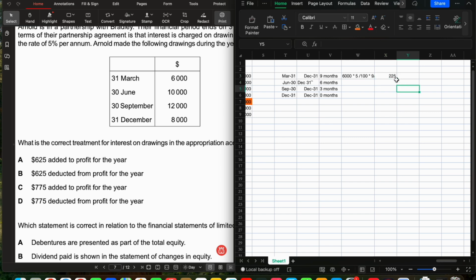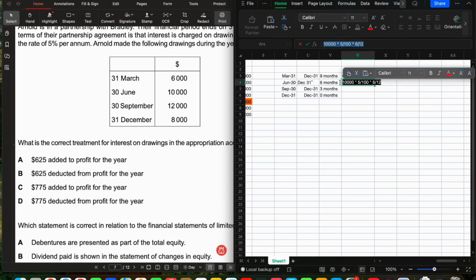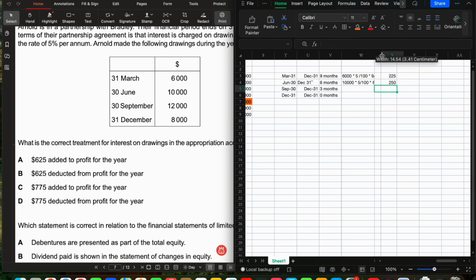So amount is coming 225. Second one, the drawings is 10,000 and this is also 5%, and we need to calculate on a monthly basis, so 6 months out of 12 months. So the amount out here is 250.